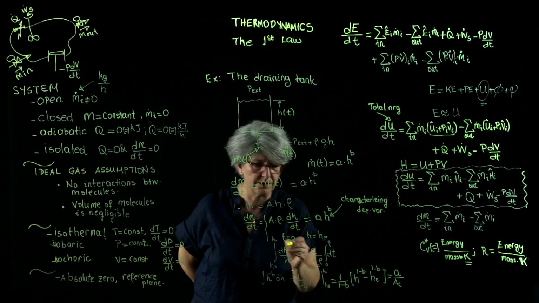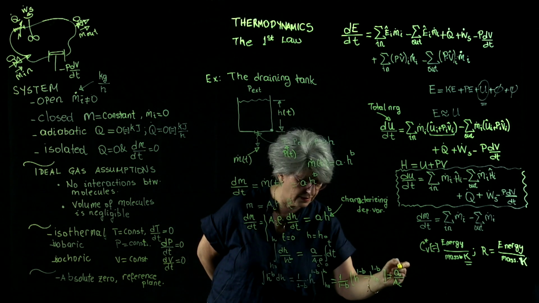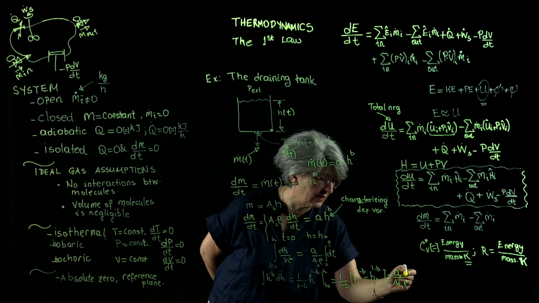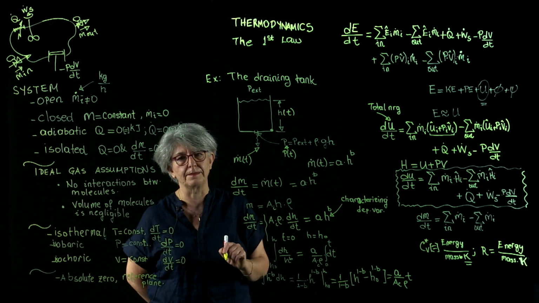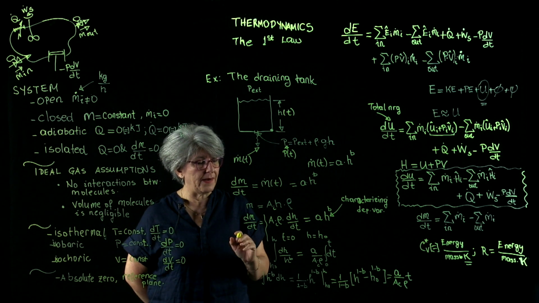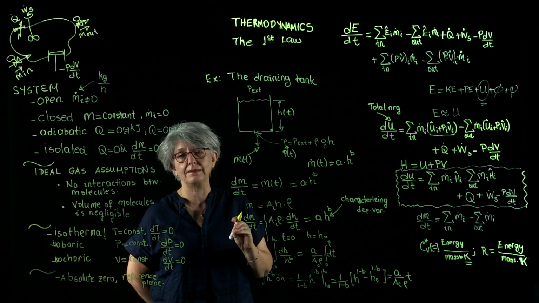Let's call this A sub c so that it is the cross-sectional area, times, I had something, right? Density times t. Now I have a relationship between height and time.